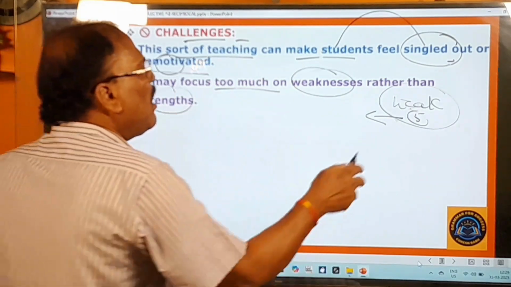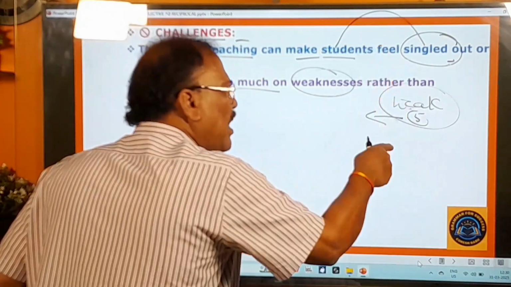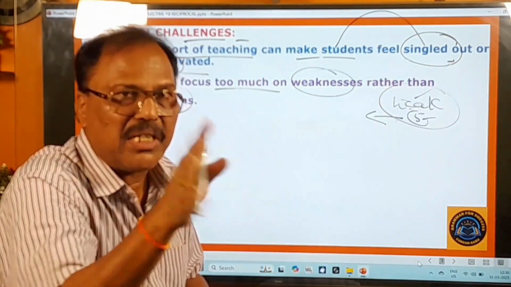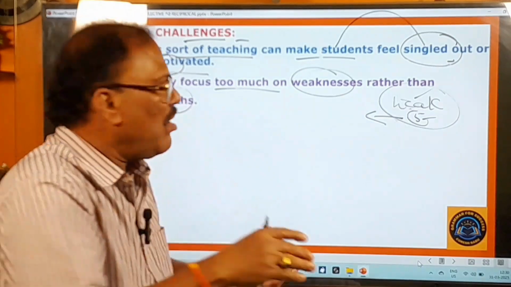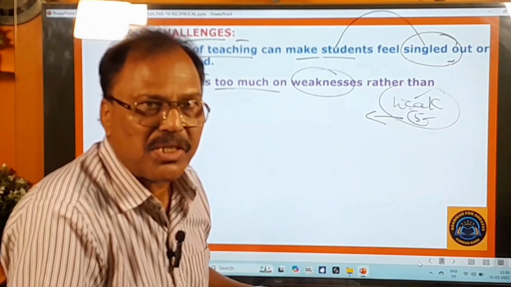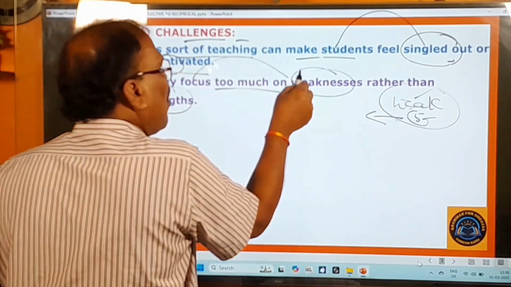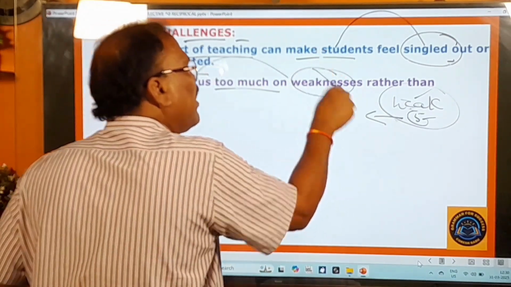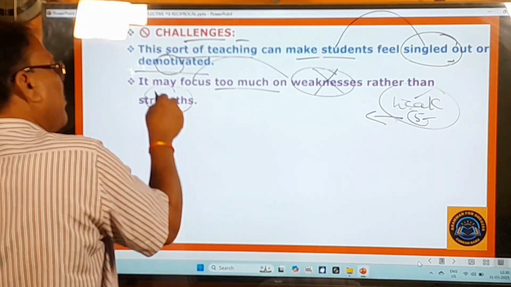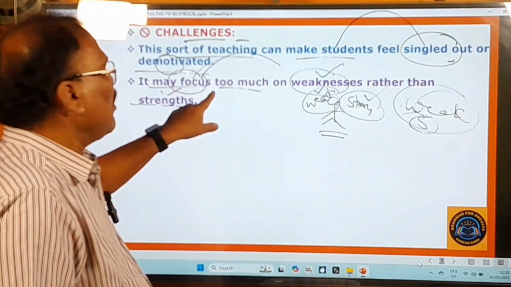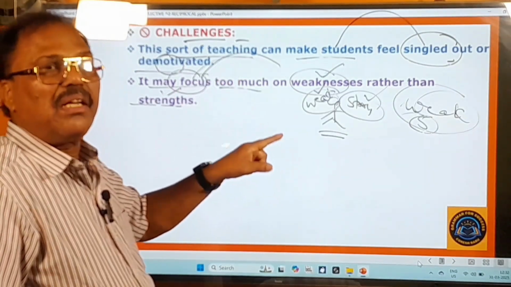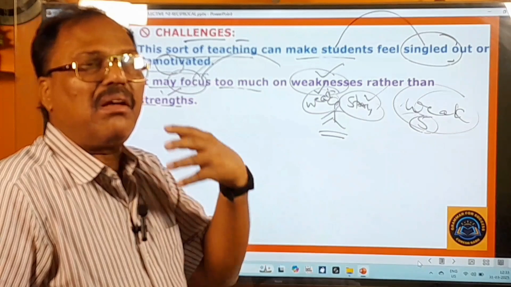But only in some subjects, in some areas, these students are weak. That's the only thing. They are not completely weak in all the subjects. But this remedial teaching is concentrating more on their weaknesses than on their strengths. So this is called a disadvantage in this remedial teaching.